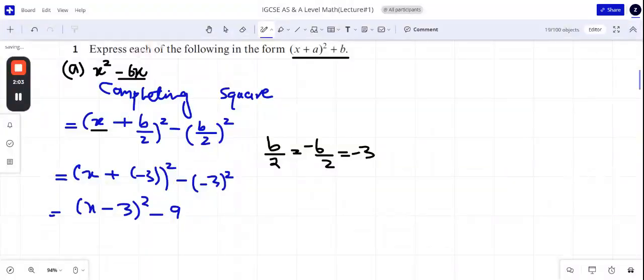So this is the required form we got. As a and b both are constants, the value of a we got -3 and the value of b we got -9. This is the required form.